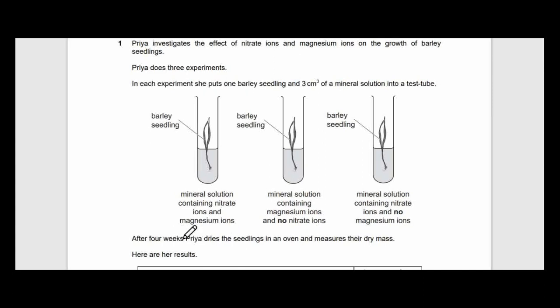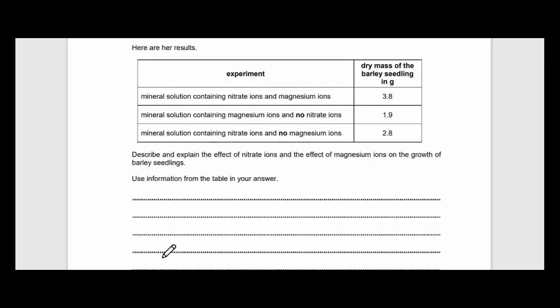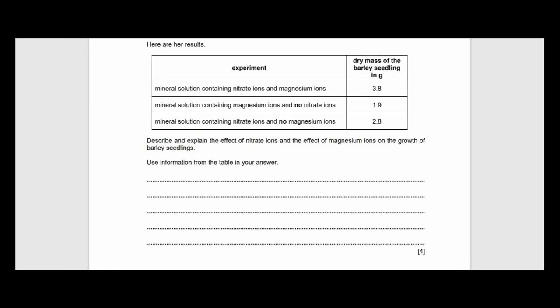After 4 weeks, Priya dries the seedlings in an oven and measures their dry mass. Here are her results, given in a table. The mineral solution containing nitrate ions and magnesium ions gives a dry mass of 3.8 grams.